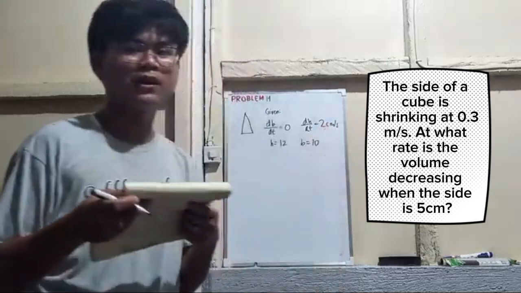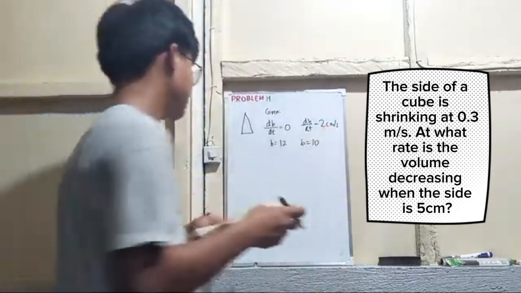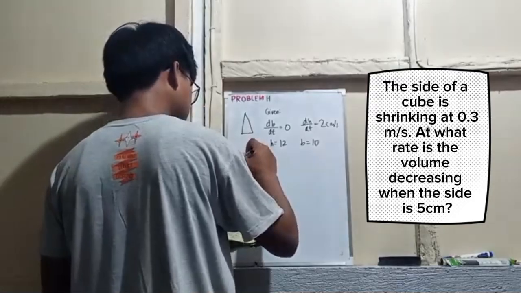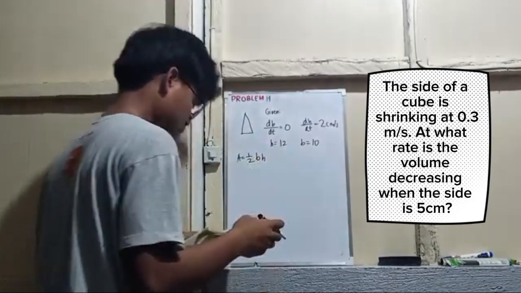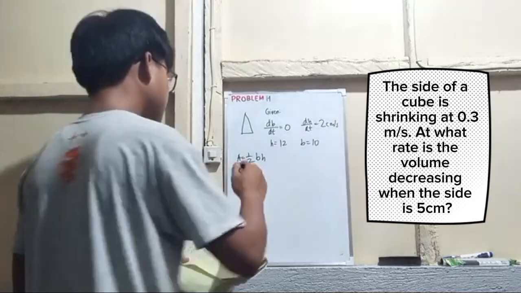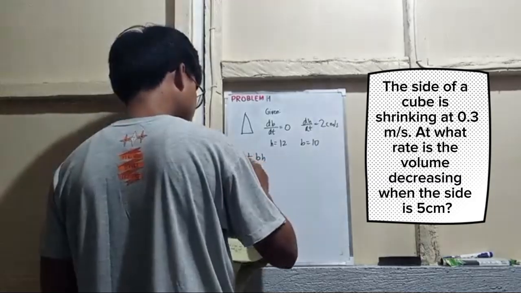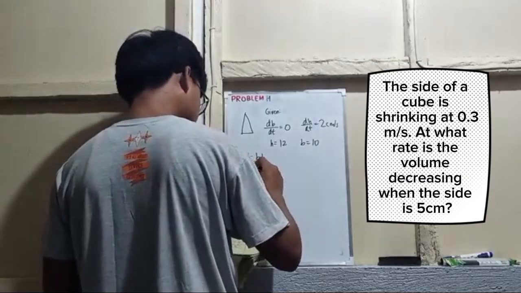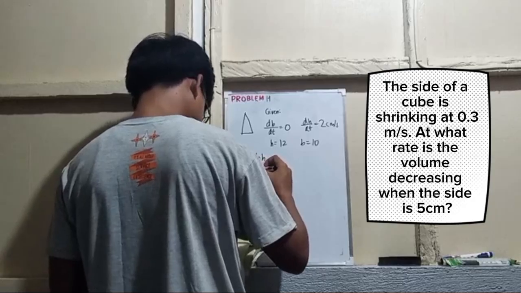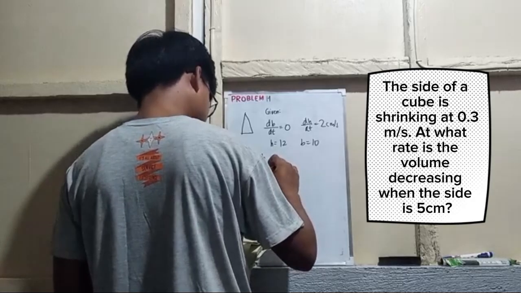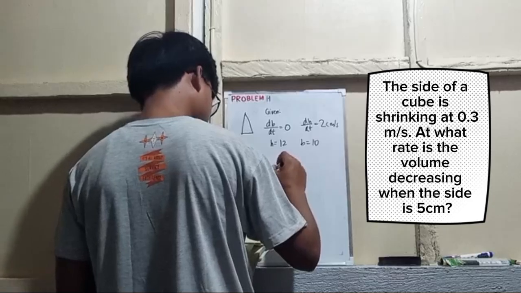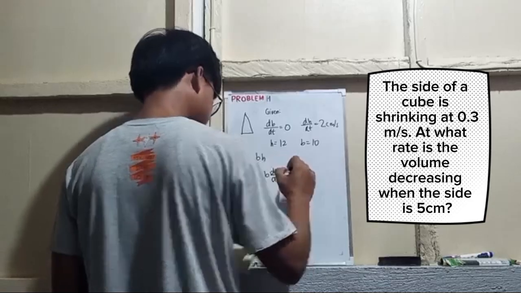So now, in getting the area of a triangle, the formula is area is equal to 1/2 BH. Then we will differentiate the formula. So we will get dA over dt is 1/2 B dh over dt.